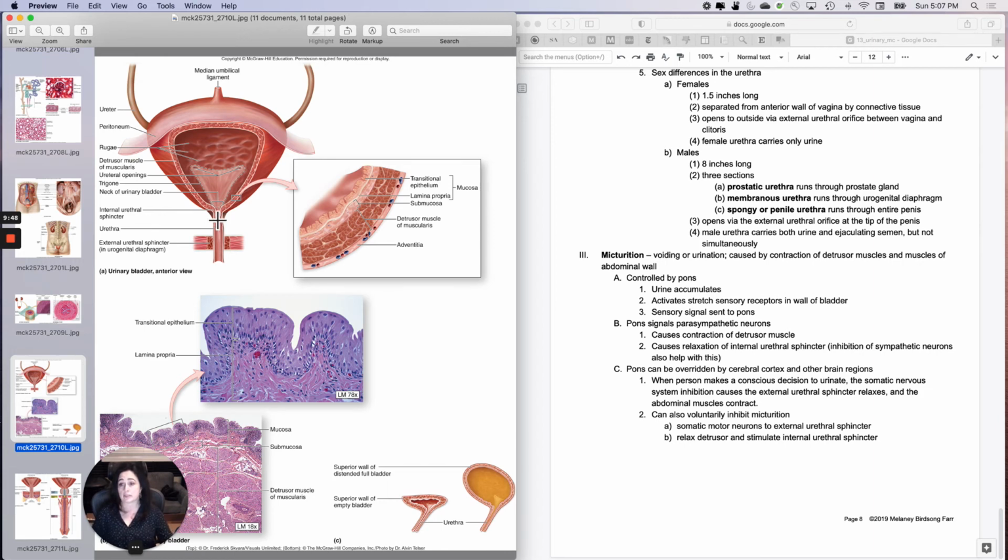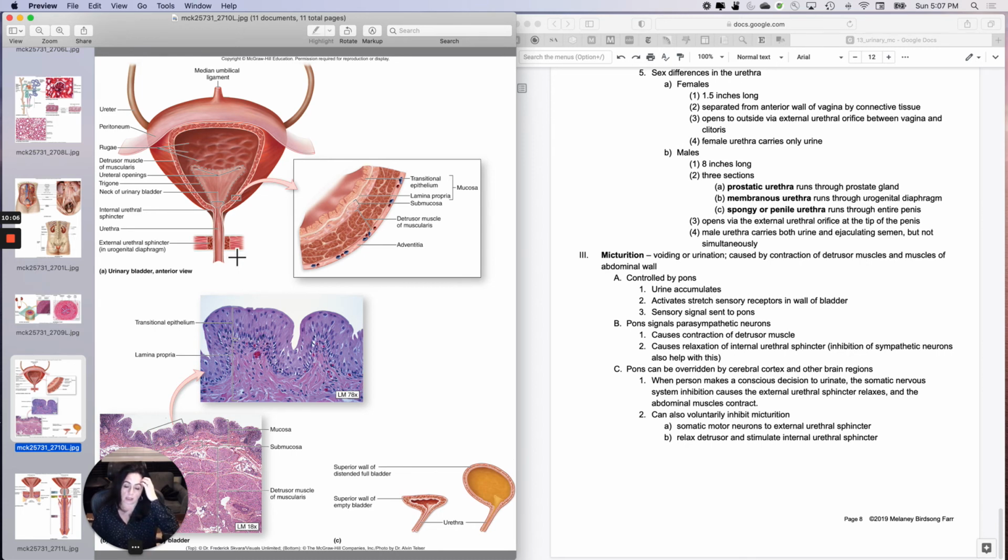Then what happens is your somatic nervous system, your voluntary division, gets to decide whether it's a good time to do this. So what happens is if you do not relax your external urethral sphincter, you are not going to urinate.